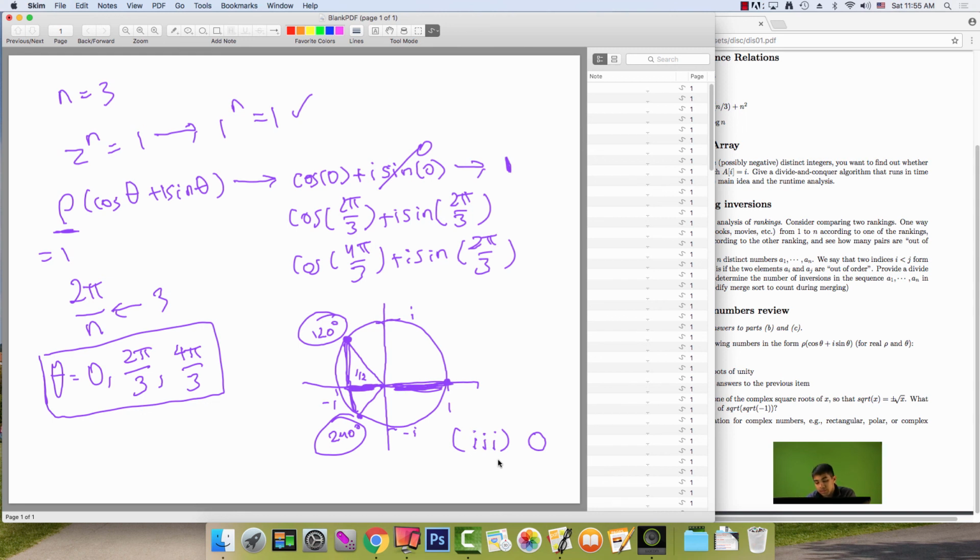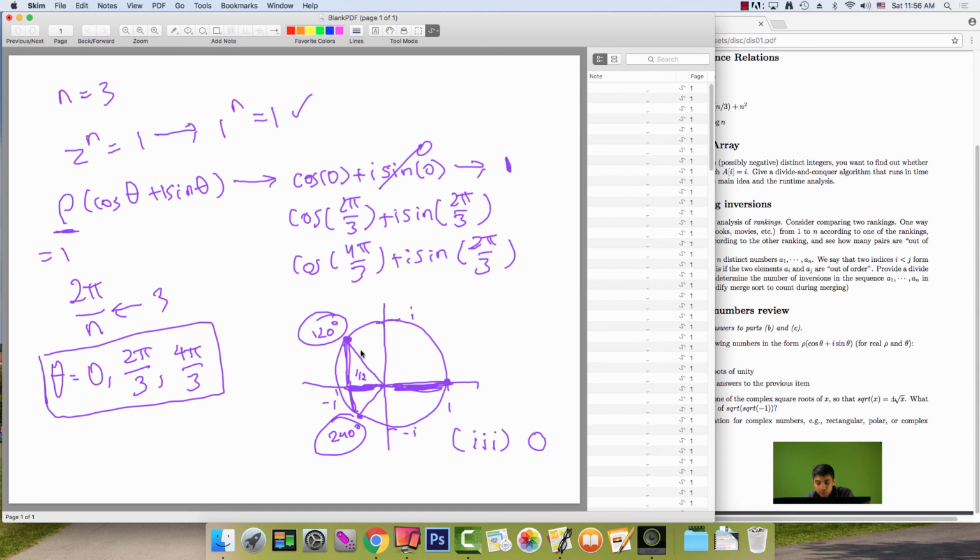So continuing off of this property that we noticed, it's actually a general trend that if you plot the roots of unity on the complex plane, they're going to be kind of symmetrical. So they all are equidistant from each other on this unit circle.